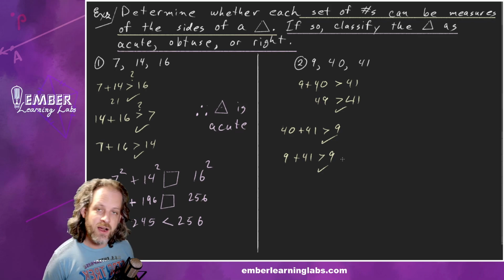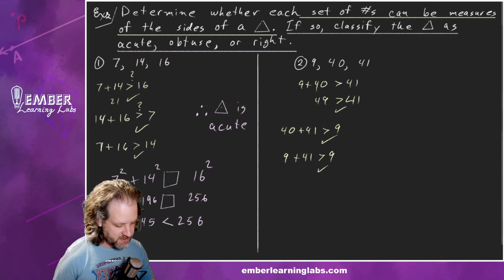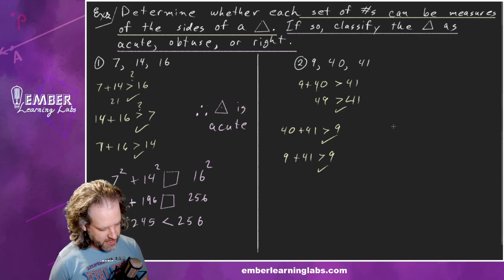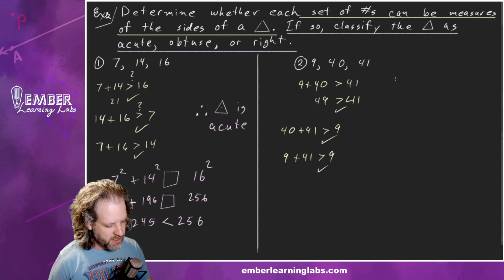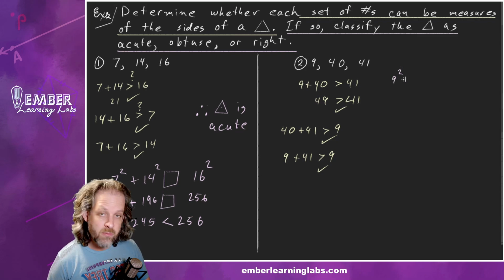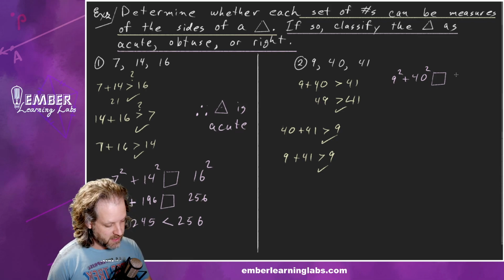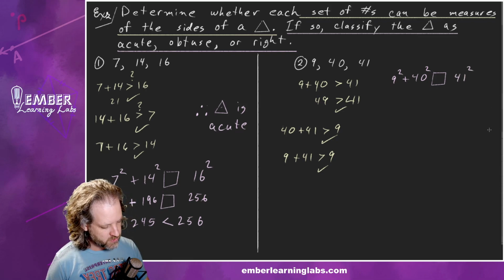So, what kind of triangle is it? Let's take a look-see, right? Same color? Sure, yeah. All right, so 9 squared plus 40 squared. Is that greater than, equal to, or less than 41 squared?